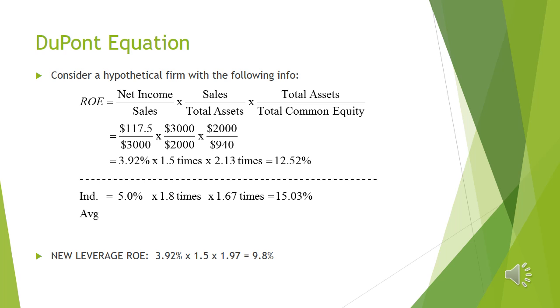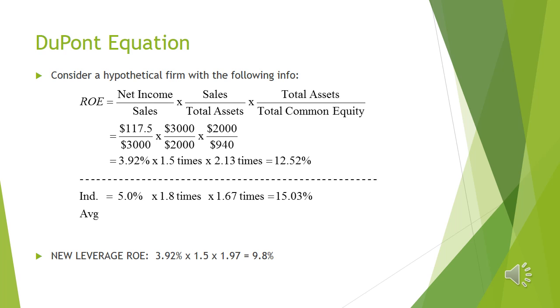So its return on assets is the 3.92% profit margin times the number of times you turn its assets over, or times 1.5, which comes to 5.9%. Now keep in mind that 5.9% is nothing but the return on assets. So it's the return on its total assets, but the way we have calculated this, we have already paid off the debt holders.